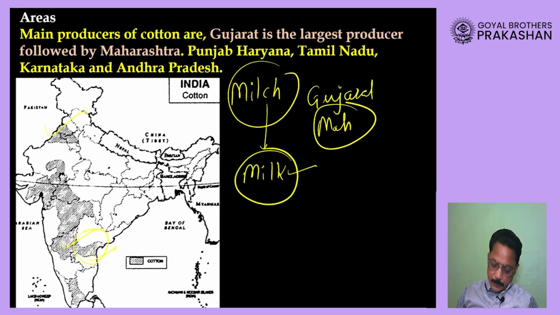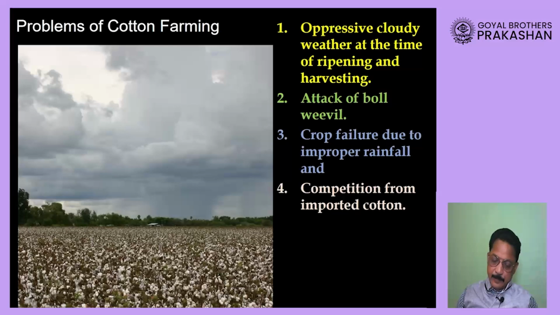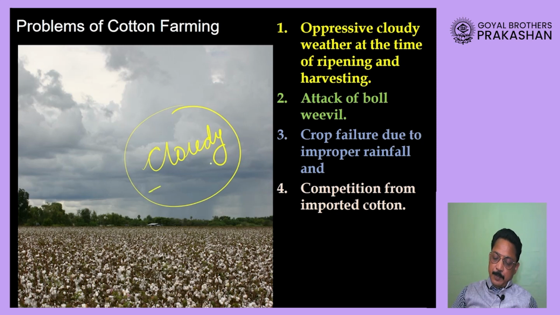Then when we look at some of the problems of this cotton, dear students, if you look here, the sky has become cloudy. The problem of cotton textile is this, dear student, that this cloudy weather is oppressive.